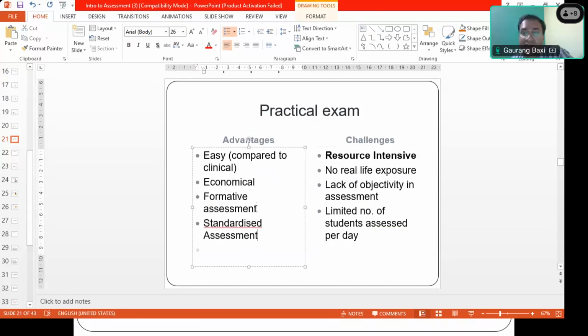So isn't this an advantage, that whatever practical is conducted will be standardized? Yes, sir. You can take it that way as well. If we don't standardize, then this is a disadvantage, sir. Then there is no relevance for this examination pattern.